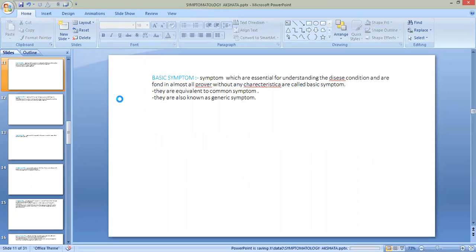These are the symptoms which are common to that disease condition, and we cannot find any characteristic in these symptoms. So these are called as the basic symptom of the disease, a common symptom of the disease.